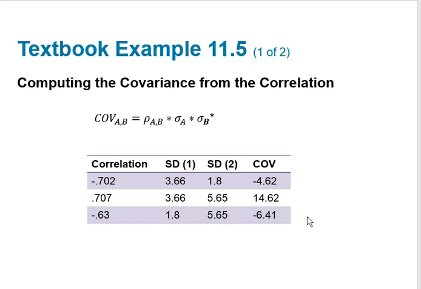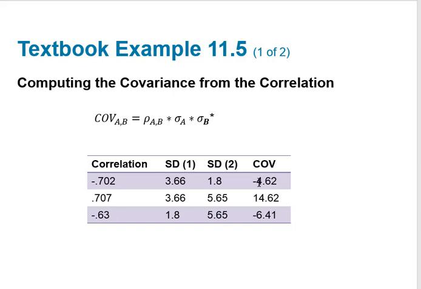Other than the fact that we can calculate this, and that it shows us the one in the middle has a positive relationship and the other two are negative, covariance gives us very little information other than whether it's positive or negative. It has really no impact on the power of the relationship.